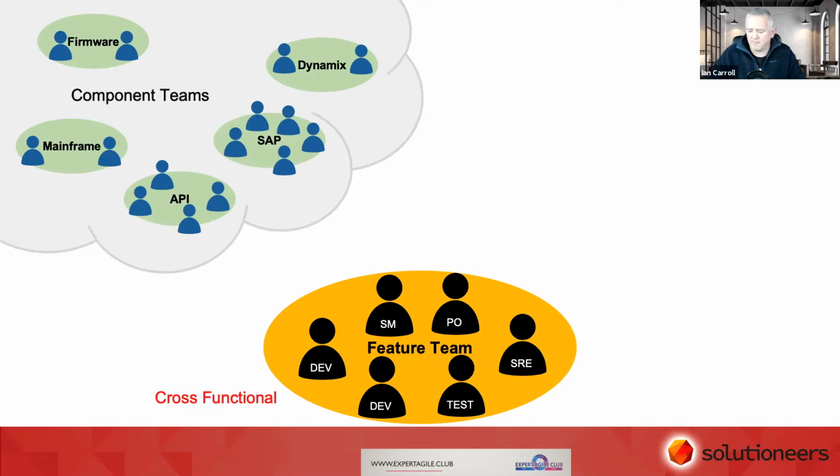Not only do they have component teams, and these component teams are specialists, you would very rarely have a cross-functional team as part of these teams. They're very specialist skills. They're big, normally platform-related teams.